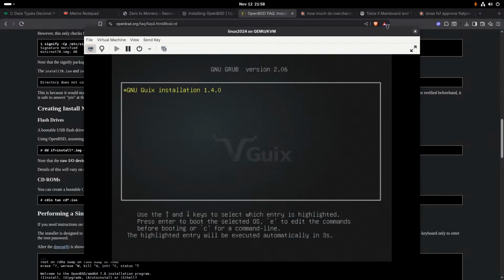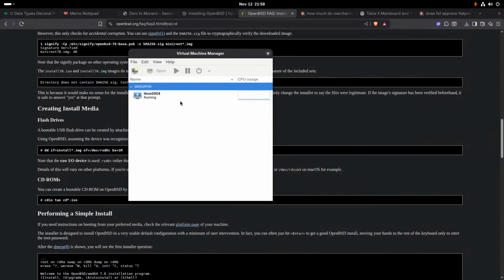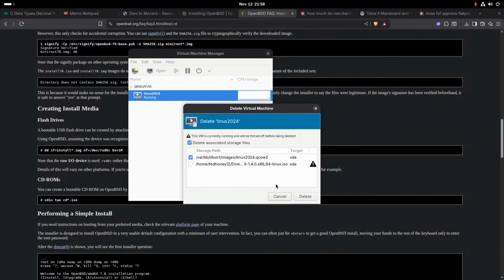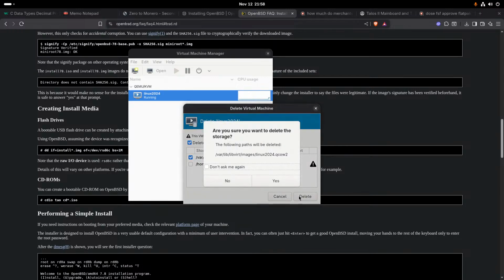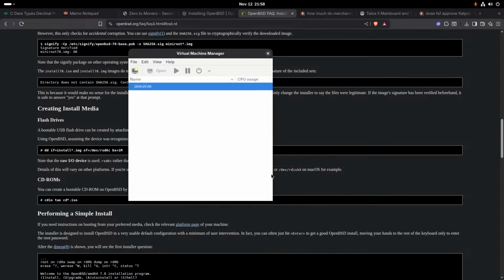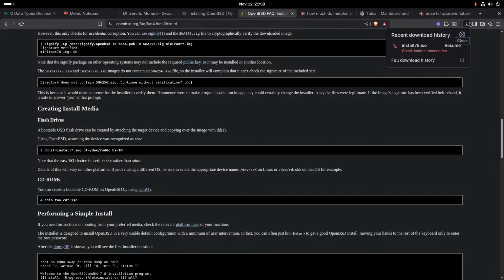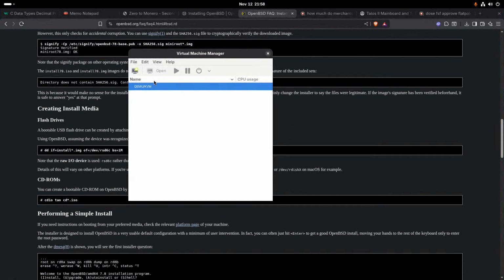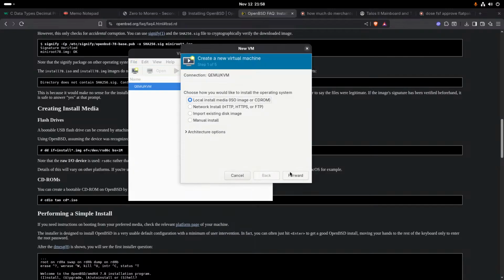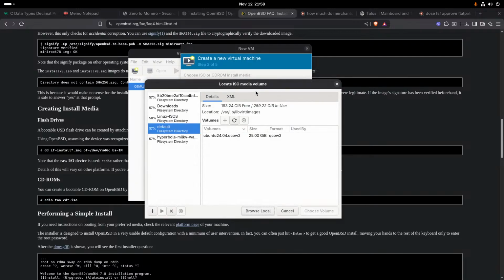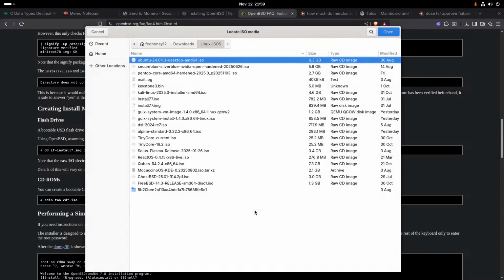Oh no, not GNU Guix. What is it? Install 7.8 ISO. Not 7.7, guys. I made it. Oopsies.